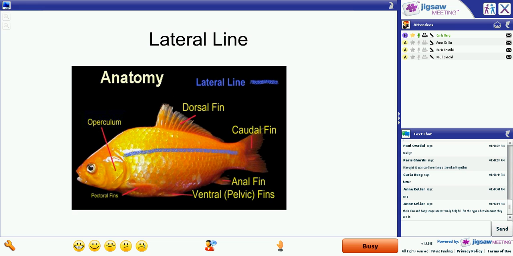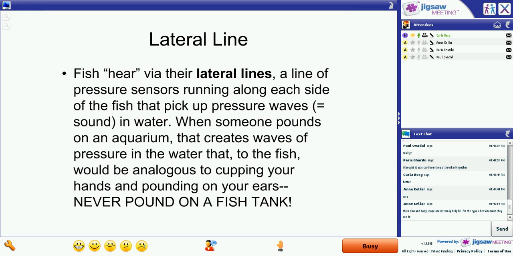And here's another picture just of where the lateral line would be on a fish. Fish, quote unquote, hear using their lateral line. The technical definition is it's a line of pressure sensors running along each side of a fish that picks up pressure waves or sound in the water.